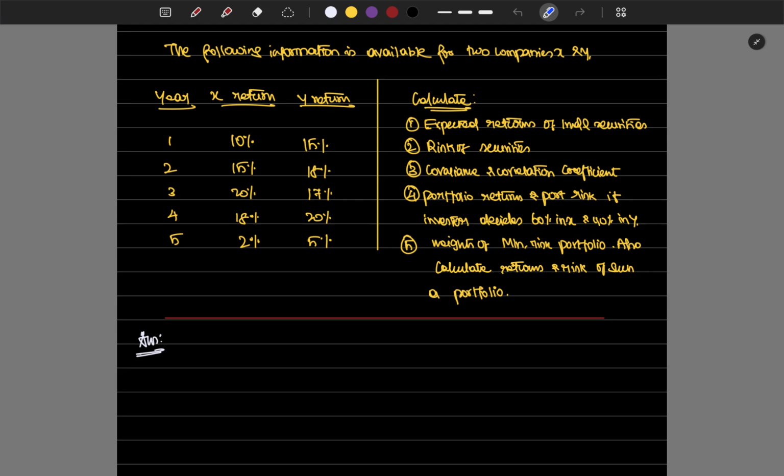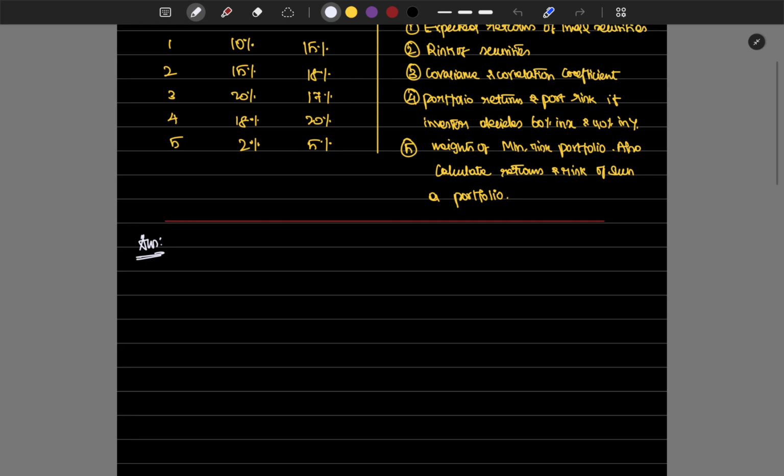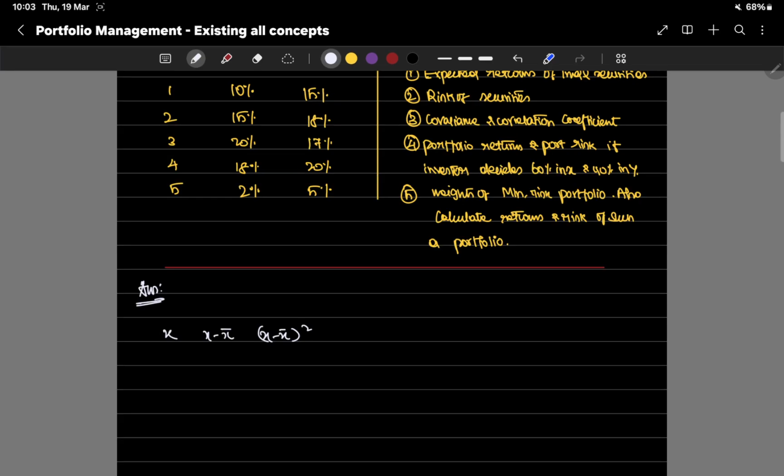Whenever we see a problem like this, we have to prepare a table which is x minus x bar the whole square.